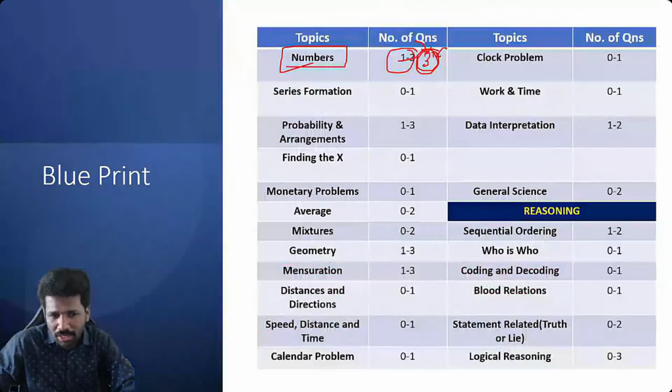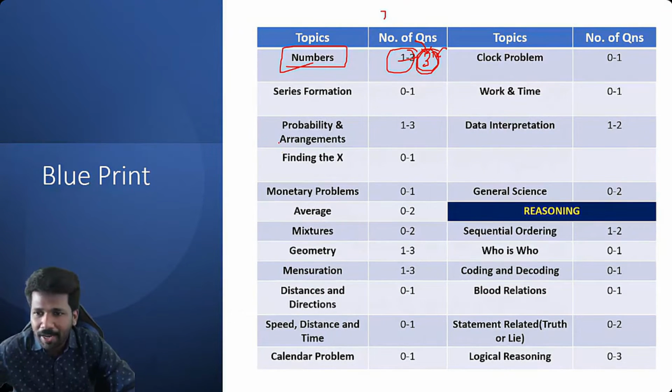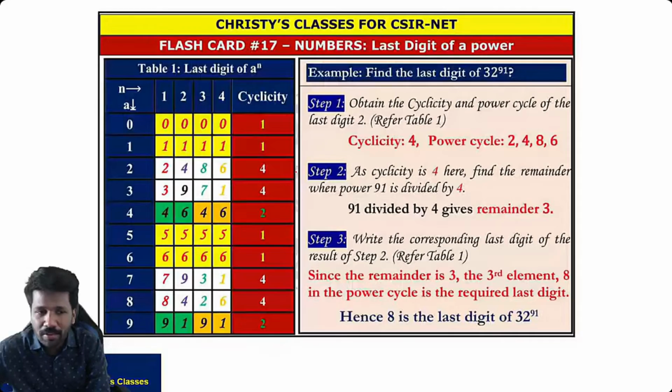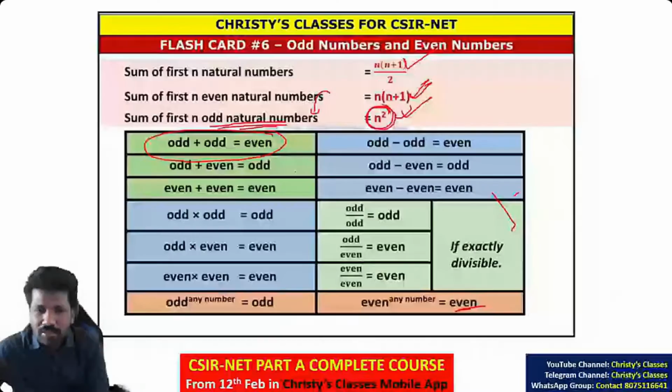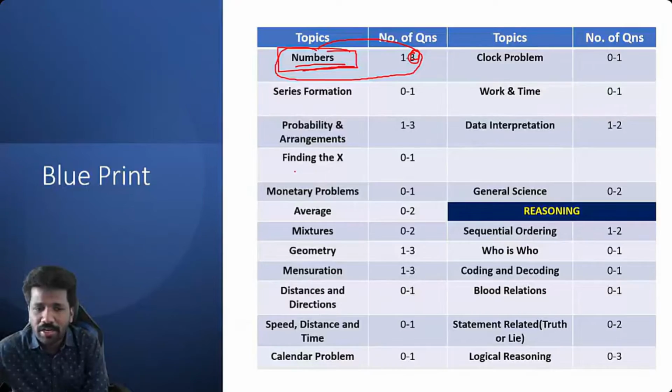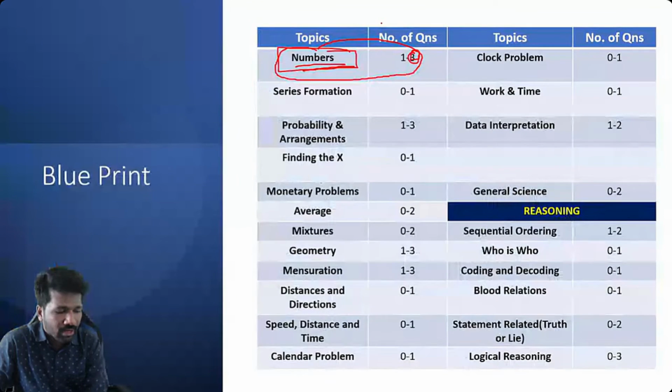Again, all these slides I am showing, all of them will be discussed in a separate chapter in this complete course. Finding the x chapter और age problem एक separate chapter होगा. फाइंडिंग द एक्स चैप्टर का ही आइडिया है एज प्रॉब्लम का. सिचुएशन एज रिलेटेड होगा, दैट्स ओनली डिफरेंस, but all these should be separately discussed. That is why percentages, ratio, proportion, finding the x, age problem, each of these are one chapter each, where we will understand it properly.